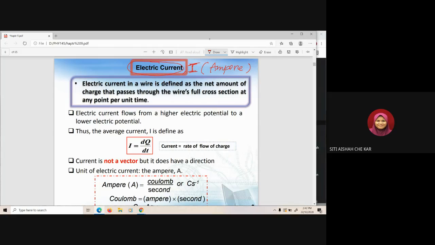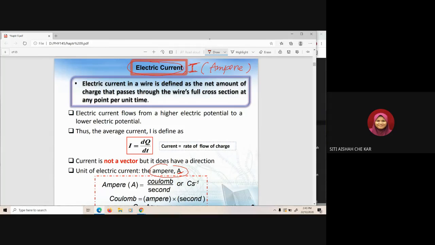So dia letak nama dia lah, a scientist that came up with this theory. So if you also come up with a theory, you boleh letak nama you lah. But make sure the theory is proven lah, terbukti betul lah. Okay, ampere. So the unit dia A.